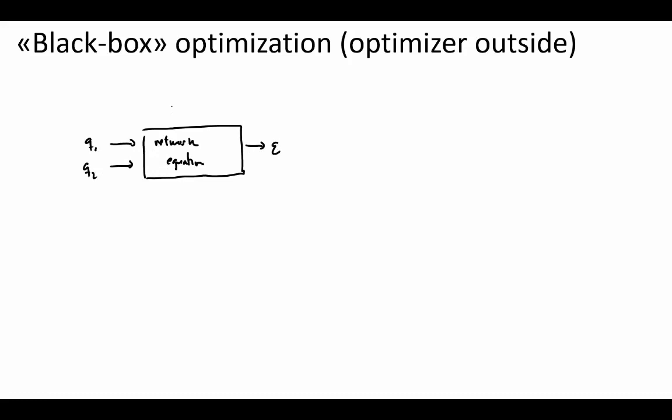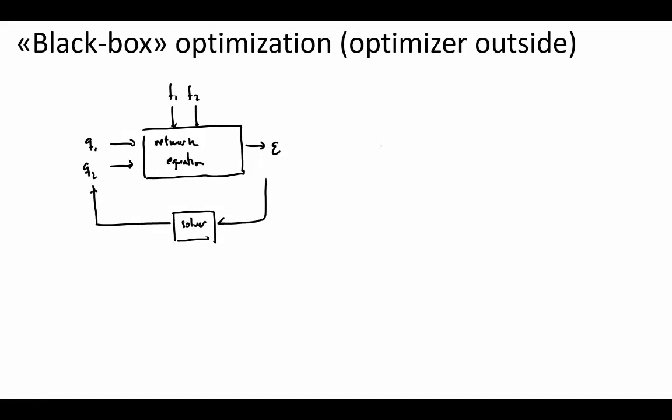Okay, one comment on the optimization. Let's repeat that. The network solver, network equations. Then we have Q1, Q2. Then we output epsilon, and we have F1 and F2, and we have one solver who's reading this and writing that.